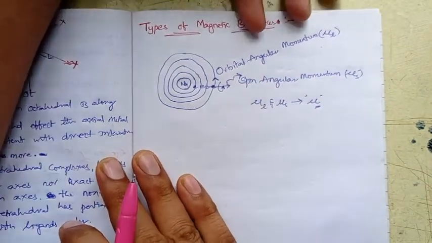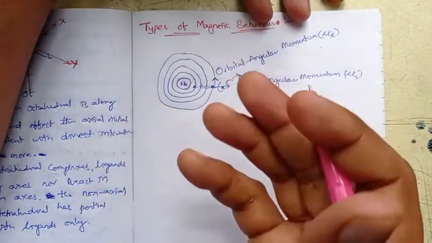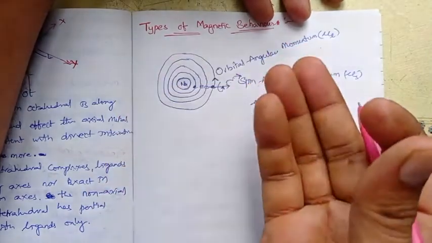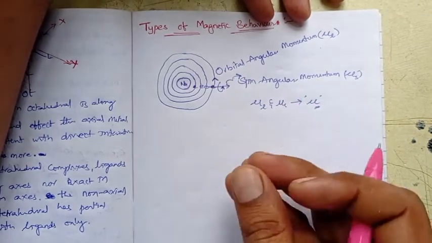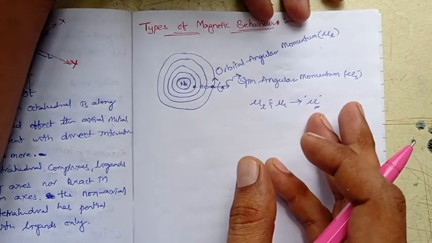We know that when we place one magnet in the field of another magnet, certain interactions will take place.